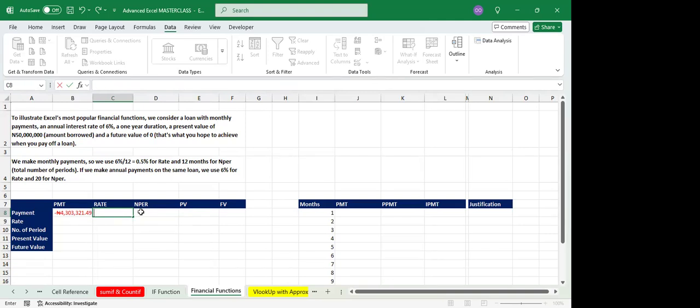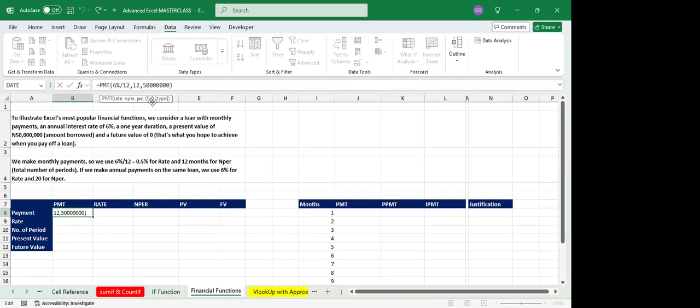If I also need to calculate the number of periods, I'm just going to use the NPER function, equals NPER, and of course you can see the arguments that I have. Now, the future value that you have here, what does it actually mean?